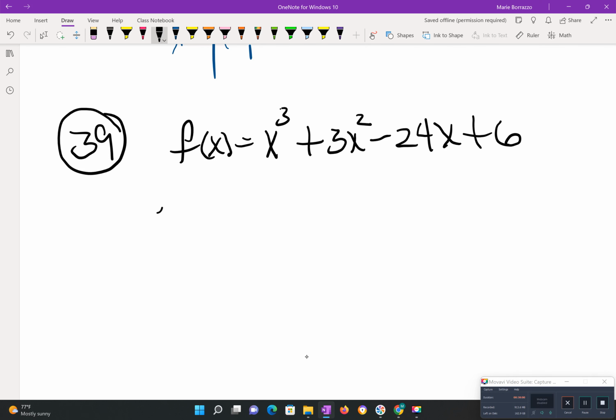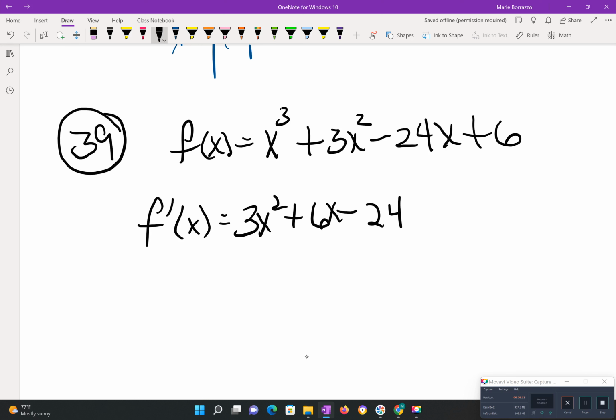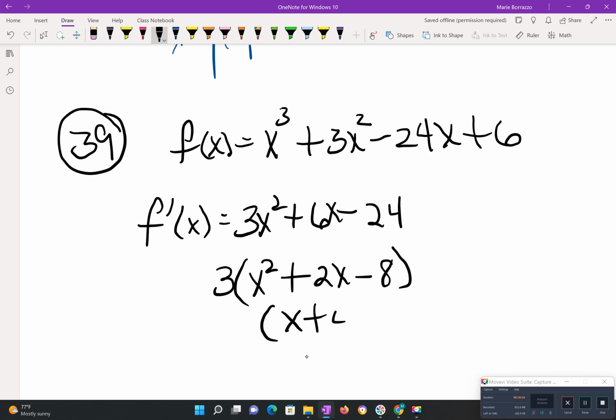So we'll take the first derivative. That gives us 3x squared plus 6x minus 24. If I take out a 3, I have x squared plus 2x minus 8. And if I factor this, I'll get x plus 4, x minus 2. So my solutions are -4, +2 in this example.